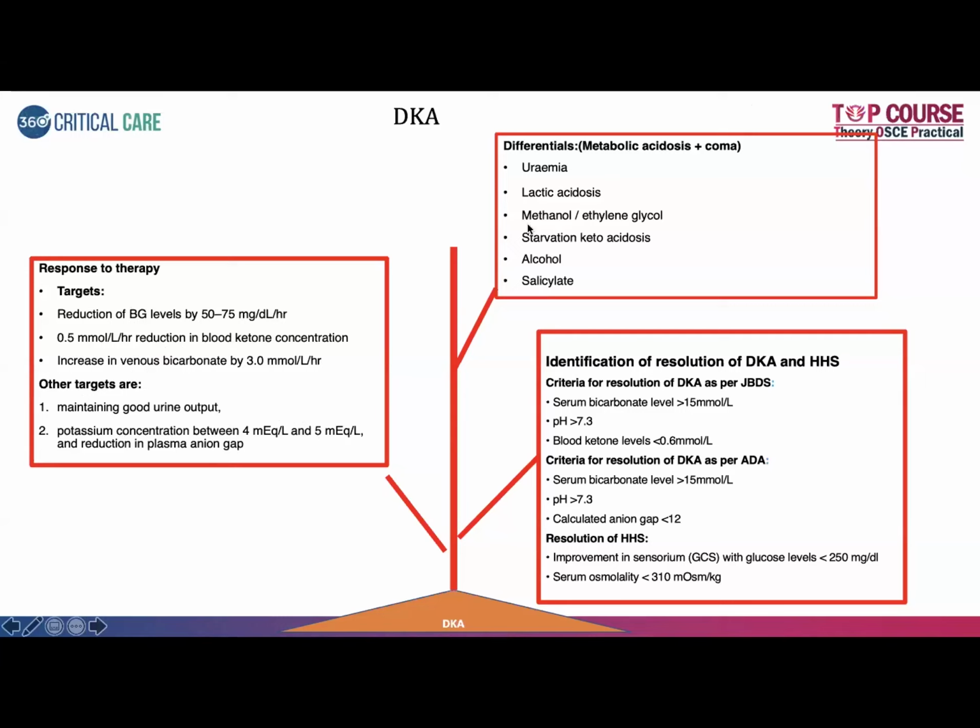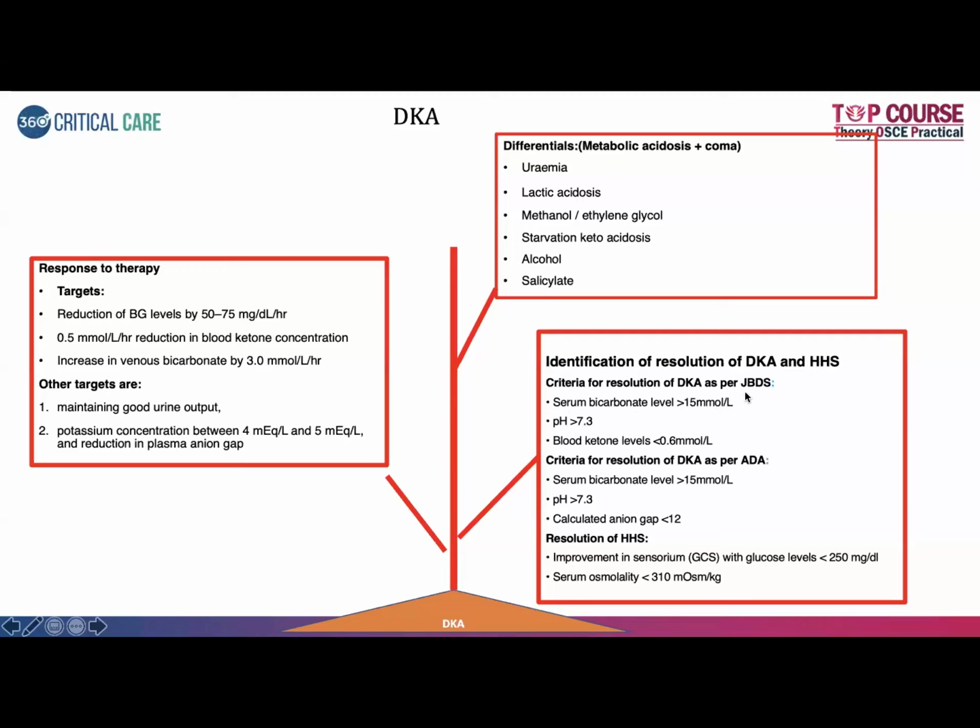The other differentials for DKA would be other causes of acidosis: uremia, lactic acidosis, glycolysis, starvation ketosis, alcohol, and salicylate. So how do you identify resolution? As per the Joint British Diabetes Society, pH more than 7.3, bicarbonate more than 15, ketone levels less than 0.6.